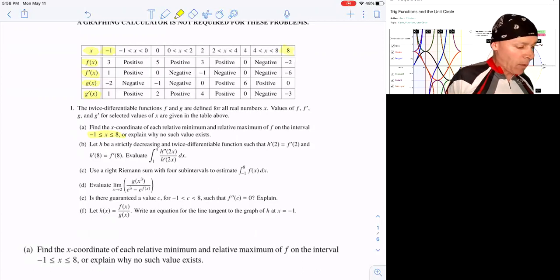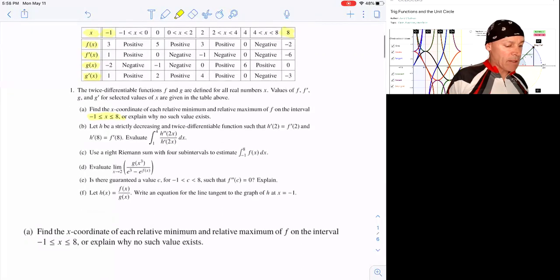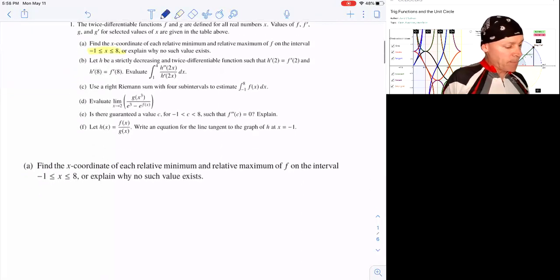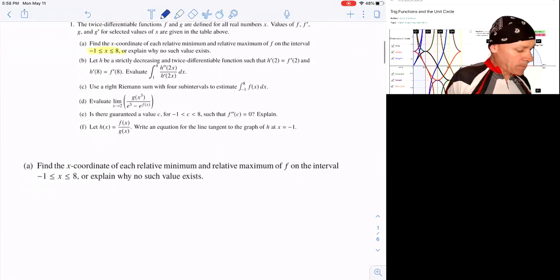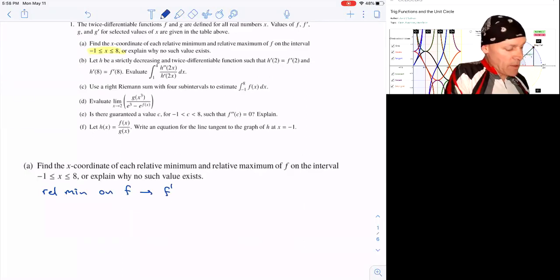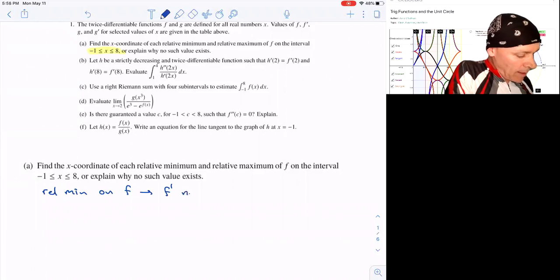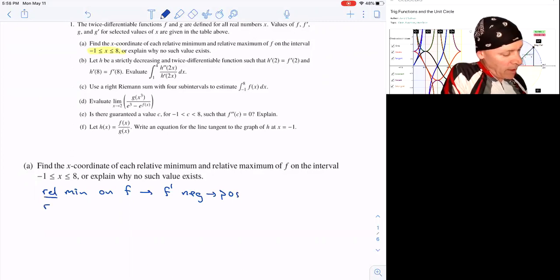If I'm looking for a relative min and a relative max of f, I'm remembering that a relative min on f is going to be where f prime changes from negative to positive. I'll just double check by drawing a relative min. That's my relative min on f.